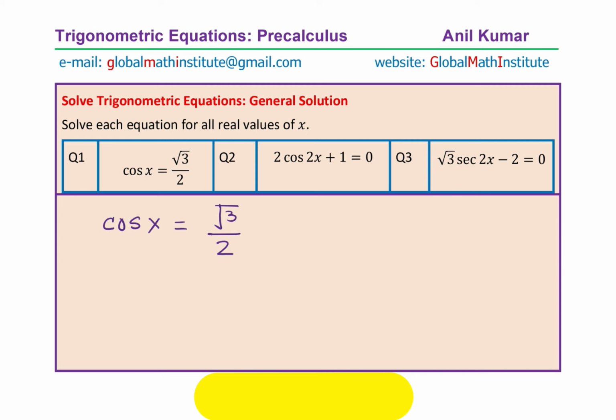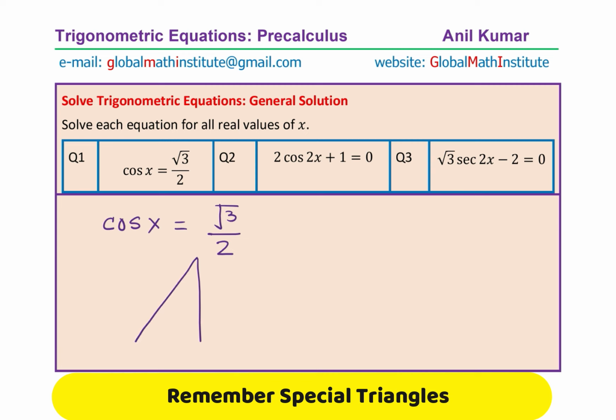That reminds you of a triangle which definitely is 30, 60, 90 if you are working in degrees. In radians, it is going to be pi by 3, pi by 6, and pi by 2. The sides, as you know, will be 1, 2, square root 3.